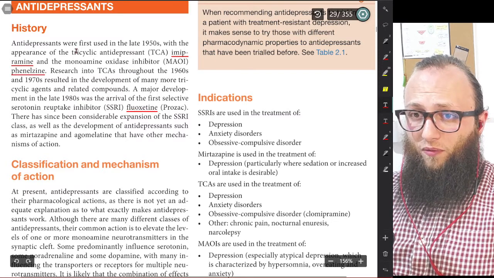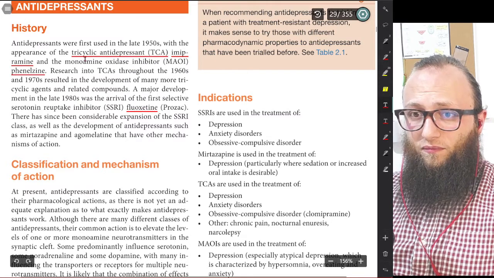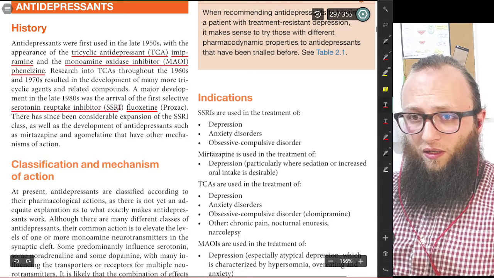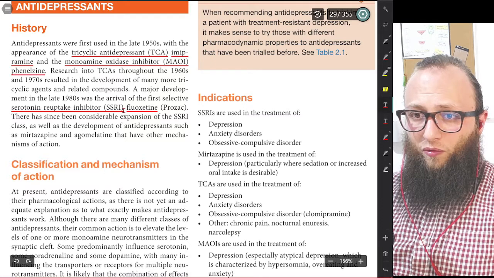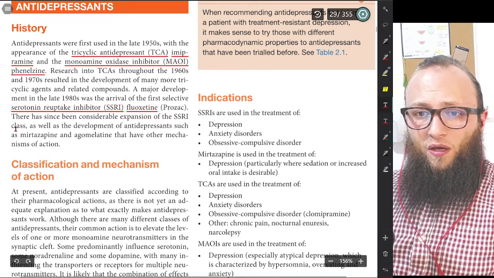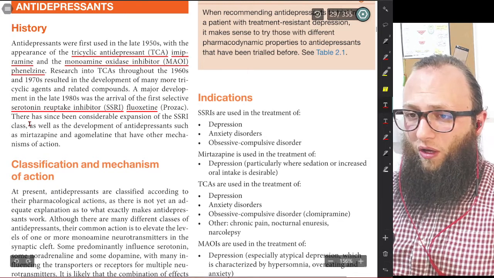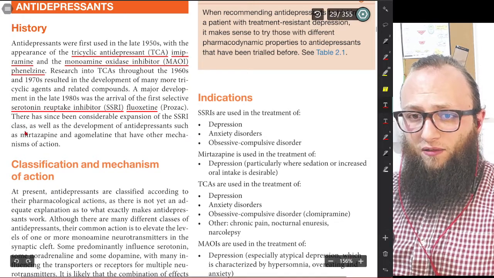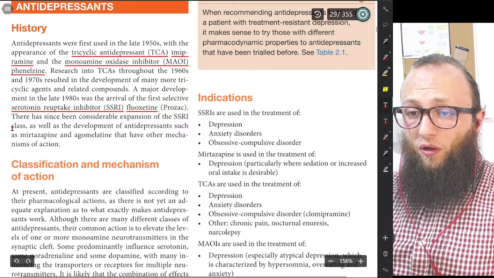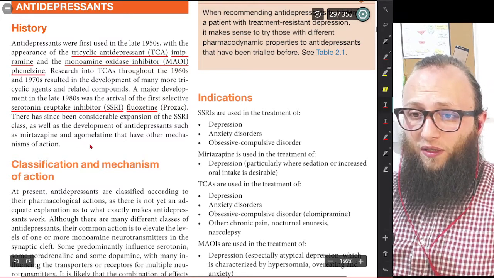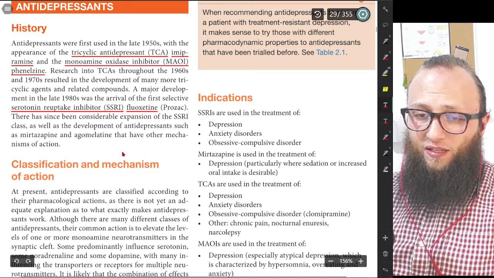So starting from tricyclics, MAO inhibitors, then SSRIs, and we have a lot in between, of course. There has since been considerable expansion of the SSRI class, as well as the development of antidepressants such as mirtazapine and agomelatine that have other mechanisms of action.